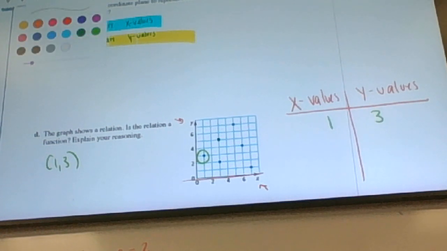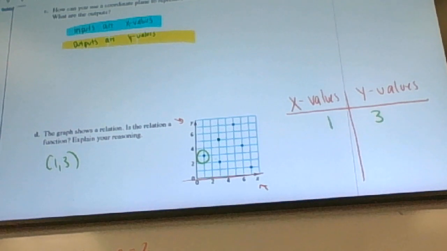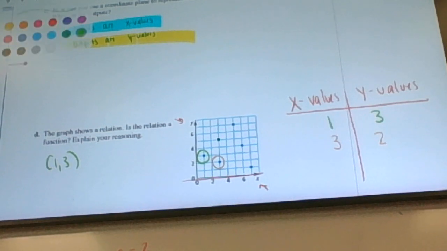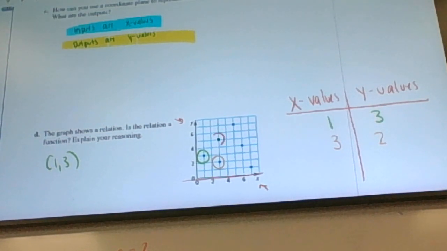I'll circle a point and I'll call on you guys. Orange. Can anybody tell me the coordinates of this orange point? 3, 2. Good job. Red. What are the coordinates of the red point? 3, 5. Stop. Not a function.